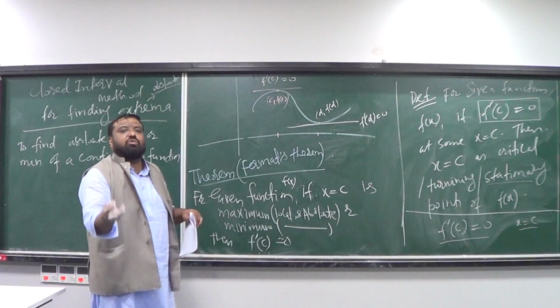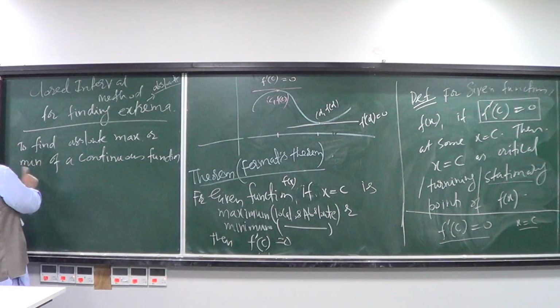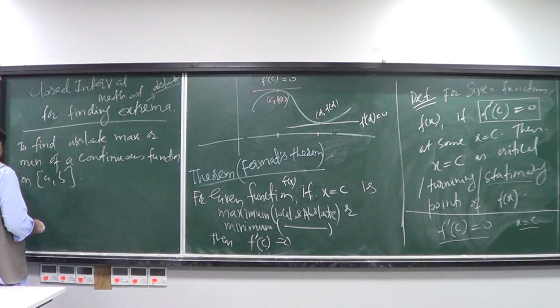The question is how to find it. So this algorithm is telling you how to find it. Maximum and minimum of a continuous function on interval a to b.